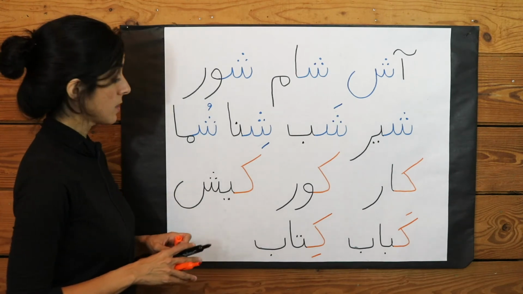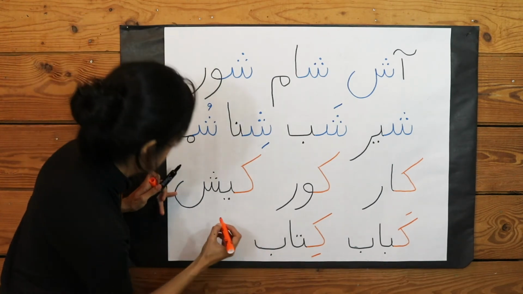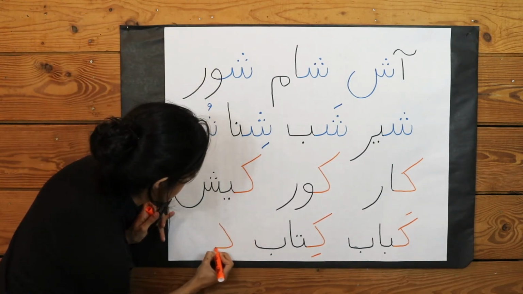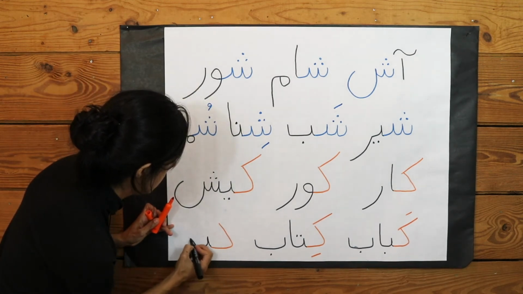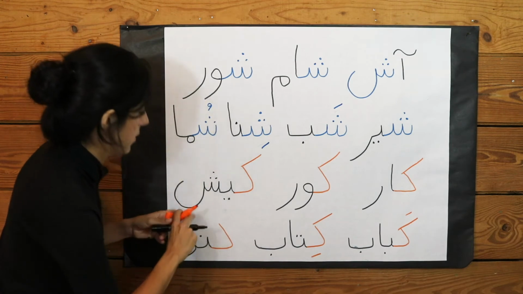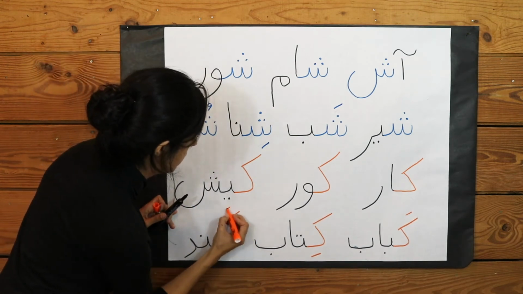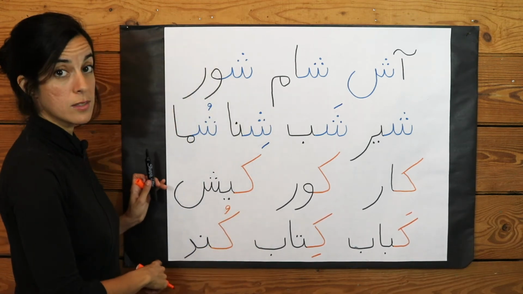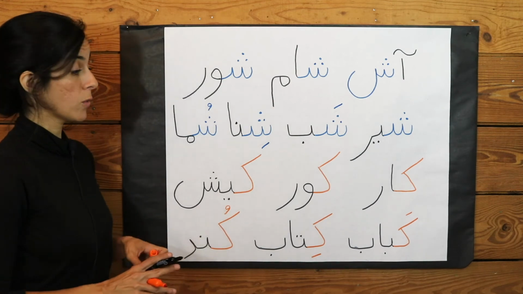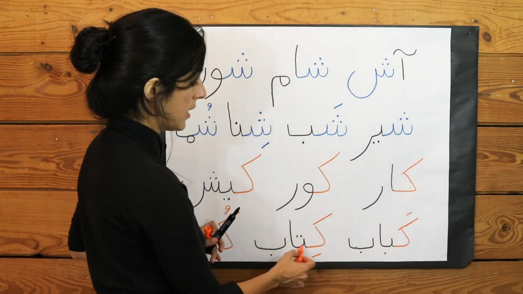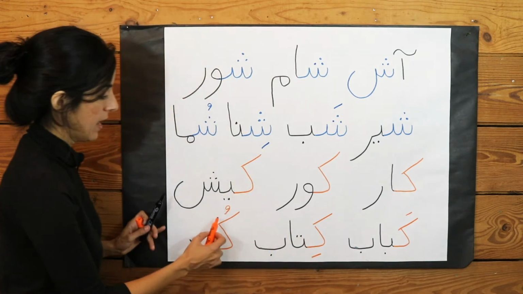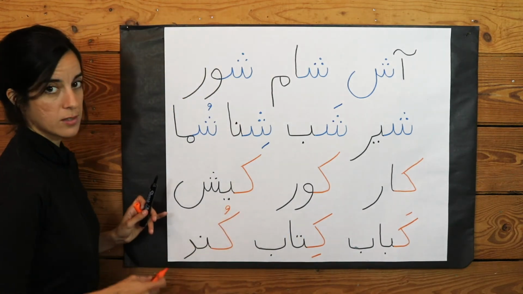Kitab, and that means book. Now let's learn a word with the o. Kond, and that means slow. So kebab, kitab, and kond, slow.